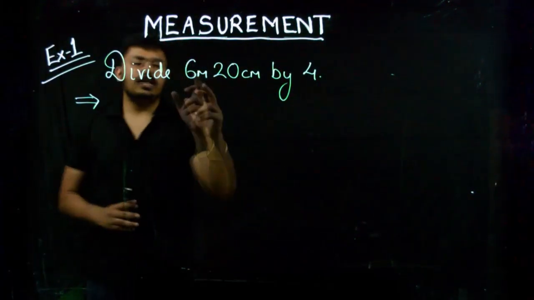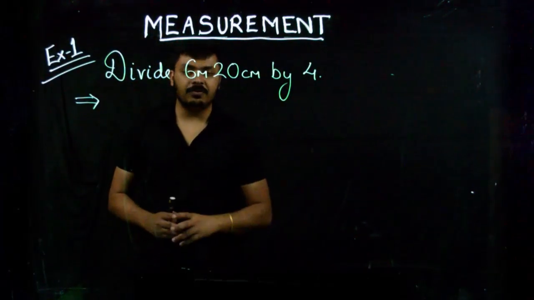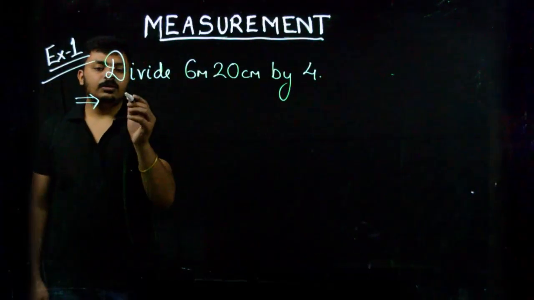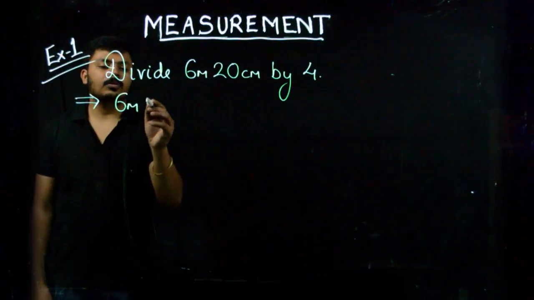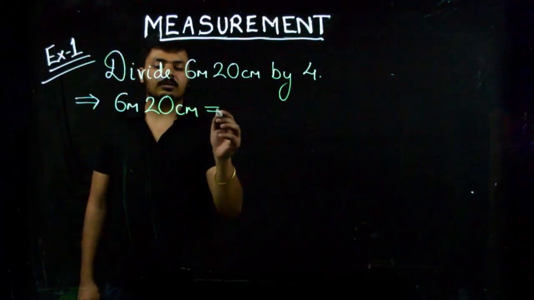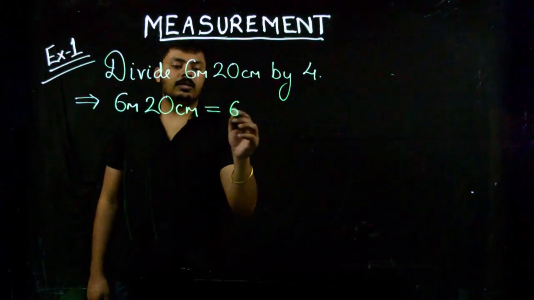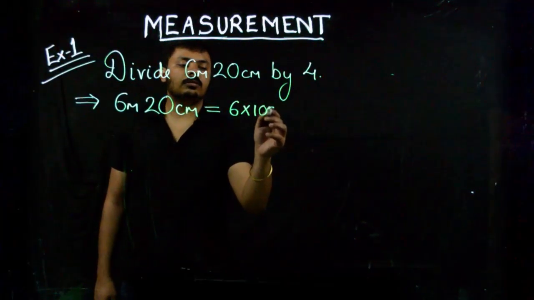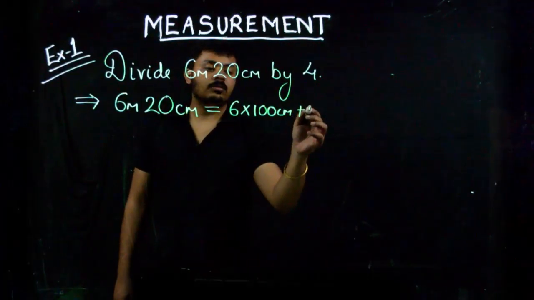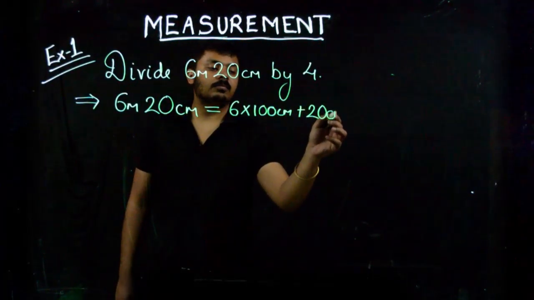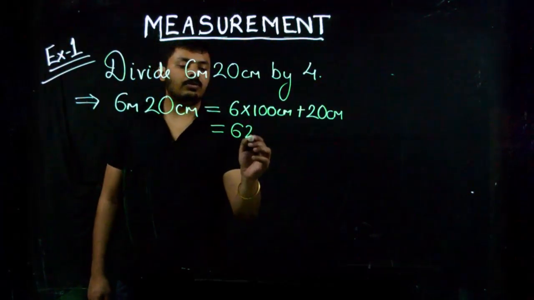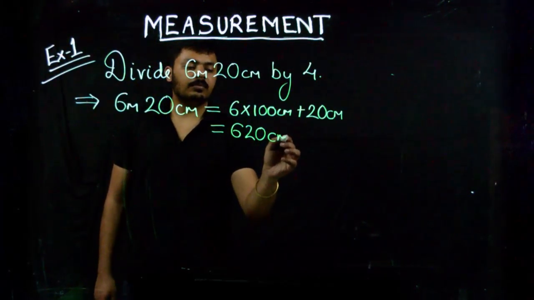So first of all, as this length is in meter centimeter form, first of all let us convert completely into centimeter form. So 6 meter 20 centimeter can be written as 6 into 100 centimeter plus 20 centimeter, which is equal to 620 centimeter.